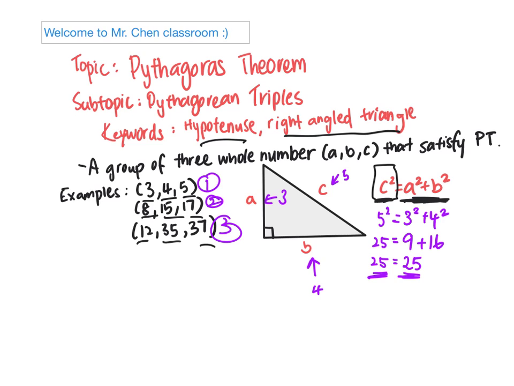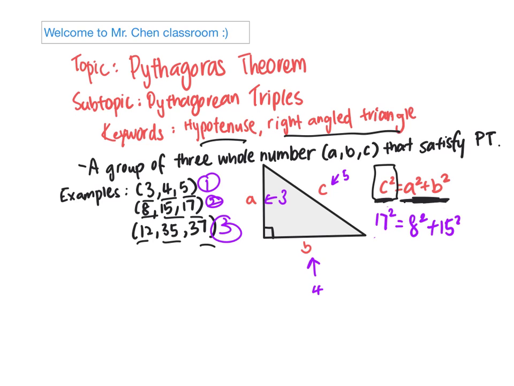Let's look at one more set of numbers. Let's look at 8, 15, and 17, which is number 2, the second set of triples. So 17, as you know, is the longest, which is your hypotenuse. 17 squared equals 8 squared plus 15 squared, where 8 will be your a.